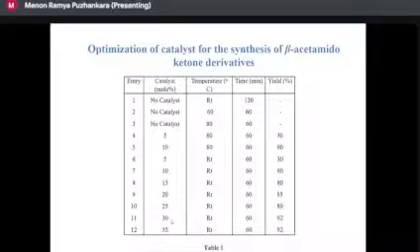From these findings, 30 mole percentage of catalyst gives the maximum yield of product. But after adding another 5 mole percent, there is no substantial increase in the reaction rate. From this, it is clear that 30 mole percentage of the catalyst is essential for this reaction to proceed.